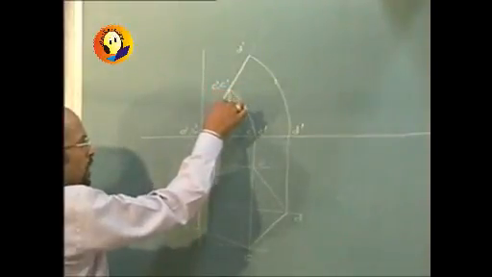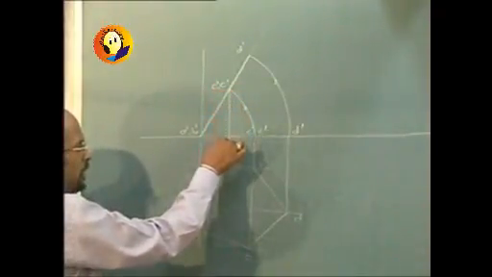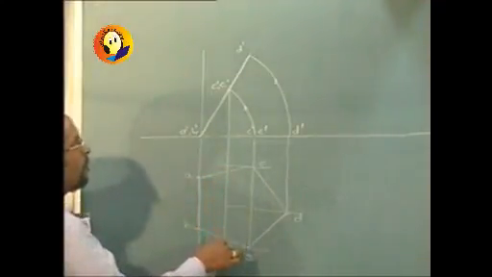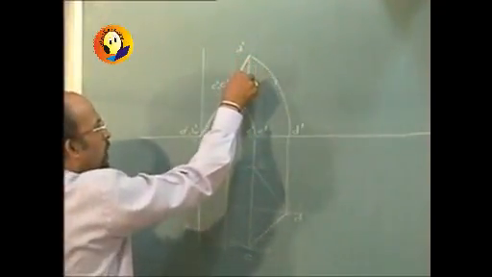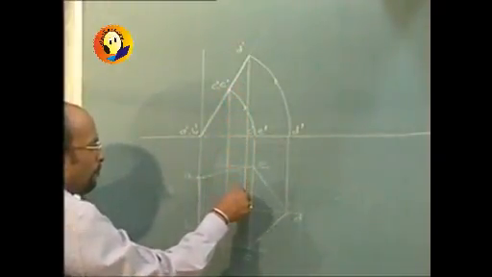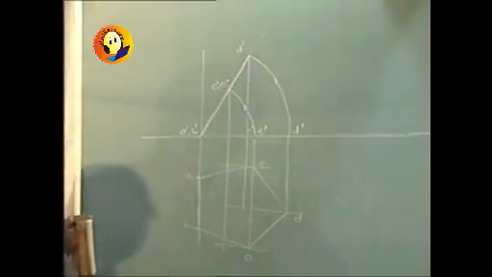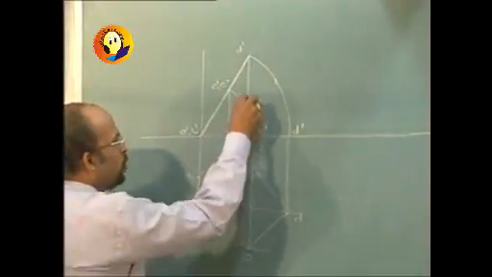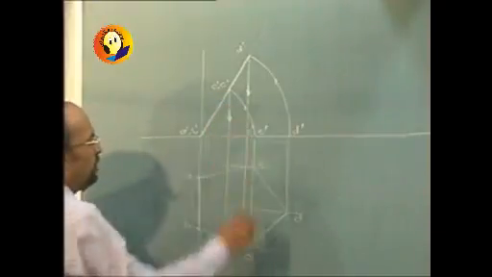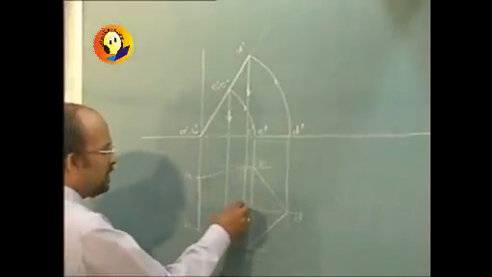Then draw projector through C and E, and also draw projector through D. Now the respective intersection of the path and projector will give us the points of the plan.